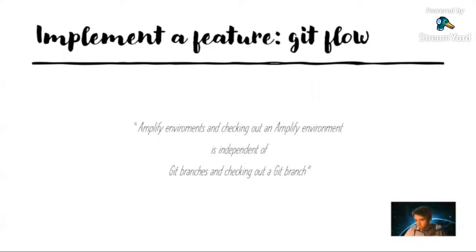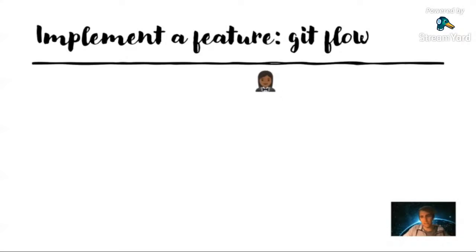Now, this workflow, you need to follow along with me here, because when I first tried to set this up, I was really confused. So let's now say that N, she's going to implement our feature. She's going to enable the flag question feature for us. So it will be developed by N. Now, N, she decides to check out a new Git branch from master, as she should, indeed.